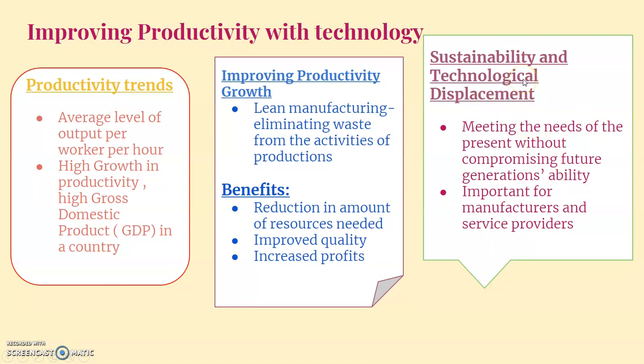Now in this era we need to talk about sustainability, because it is for future generations. When you produce products and services for this generation, you cannot compromise the future generation. For example, it deals with pollution, the greenhouse effect, I forgot the exact term.